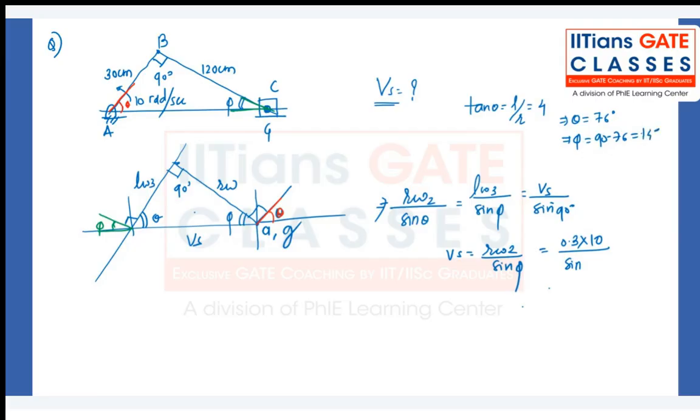So sine of theta, here it is phi, correct? Sine of 76 degrees. Right, so it will be 3.1 meters per second. So the final answer in this case is 3.1 meters per second.